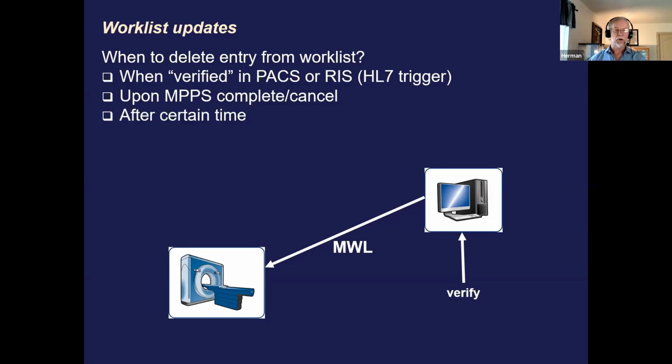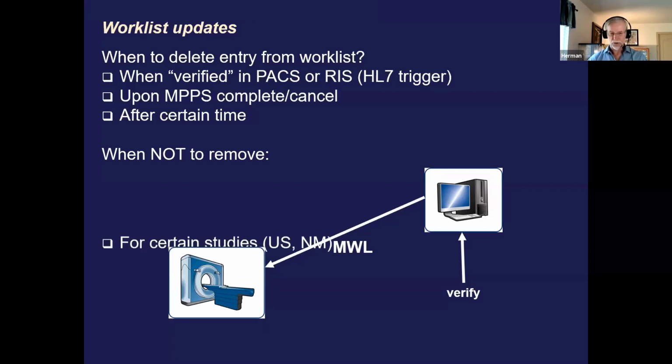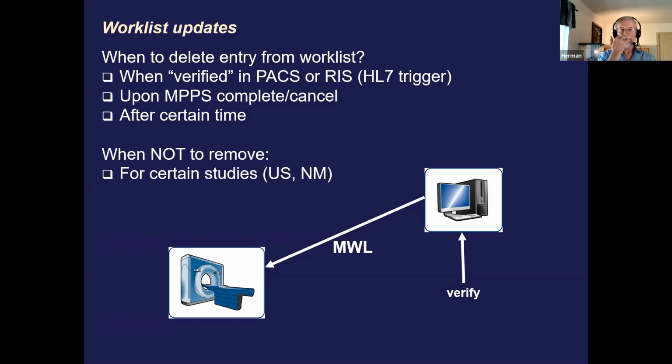But if you don't have either one of those, then there might be a timeout when it should be removed. Now, when do you not want to remove it? Sometimes you want to make sure that the worklist entry is there for a longer time. For example, certain studies, ultrasound. Ultrasound is a little bit tricky. You might have a bank of ultrasound units, and you do an exam, and you either have to drink something, or you have to go pee to make sure you empty the bladder, and then you come back, and then the ultrasound is taken, so you might want to go to another ultrasound.